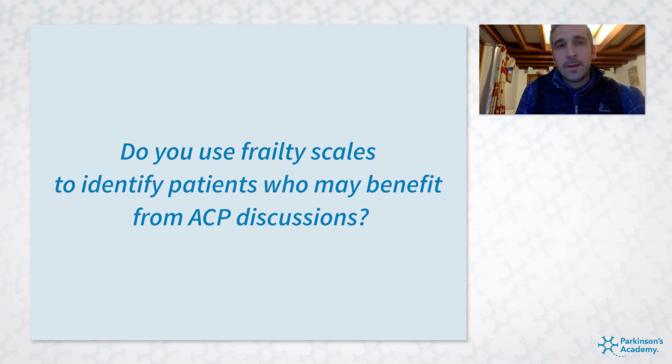I don't think they are, but there are other general frailty hubs which do. So I think using a frailty score along with something else might be a useful way to screen a big cohort of people who are going to benefit from that wider umbrella of palliative and supportive care. And within that, you then have to use your own clinical skills to decide who would benefit from advanced care planning specifically, because of course that's going to be very person specific.